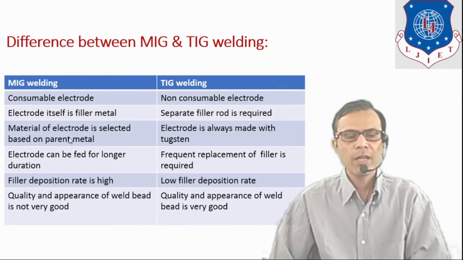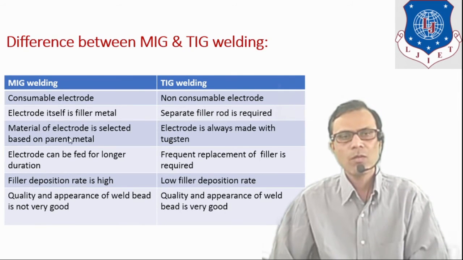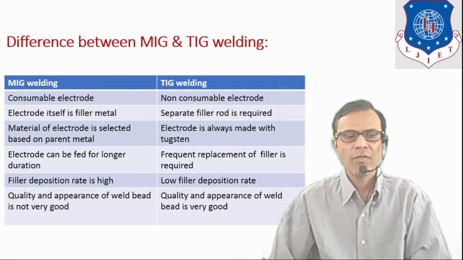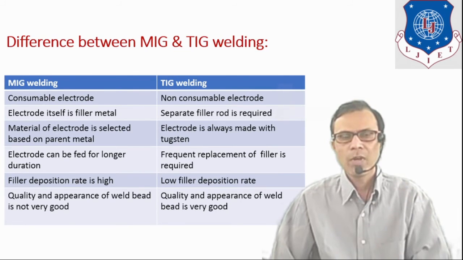In case of MIG welding, material of electrode depends on the material of parent metal or the metals which are required to be welded. But in case of TIG welding, always electrode material is tungsten.